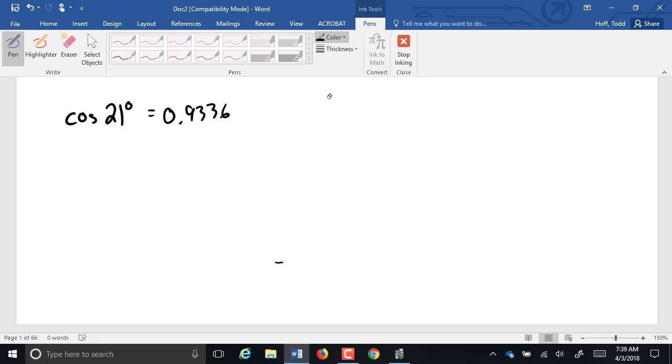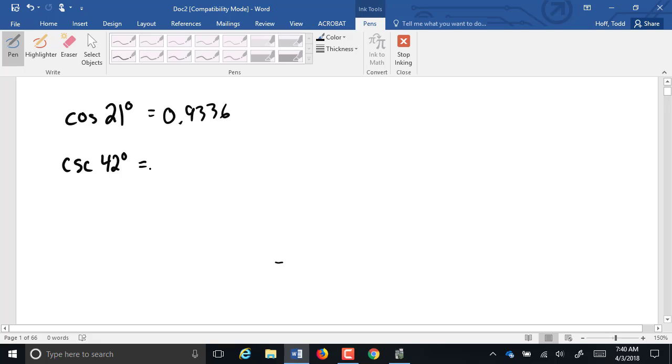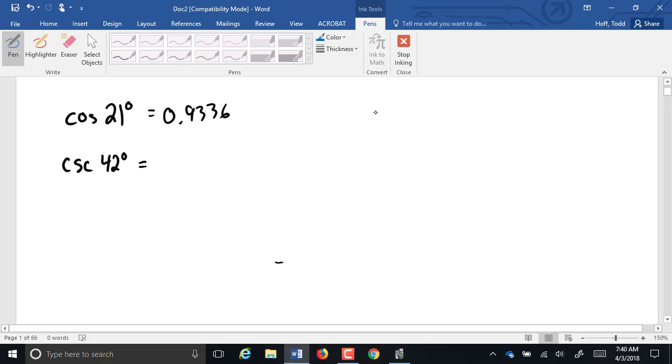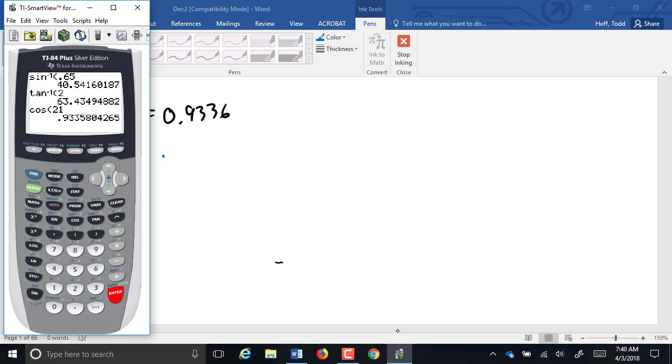Okay. Cosine of 21 degrees, just punch her in. What if I wanted to find the cosecant of 42 degrees? What function do we use?